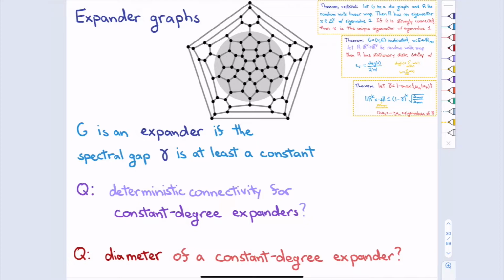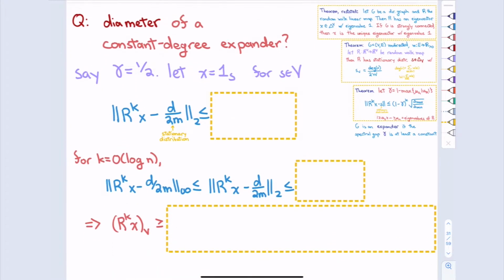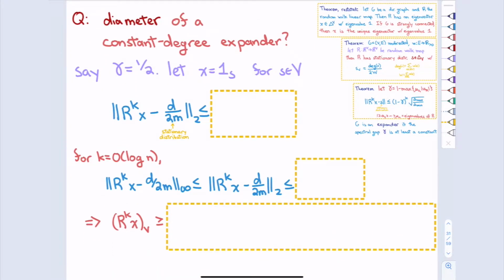Diameter is a lower bound for, well, why? I think you're on the right path, but let's try to articulate this.